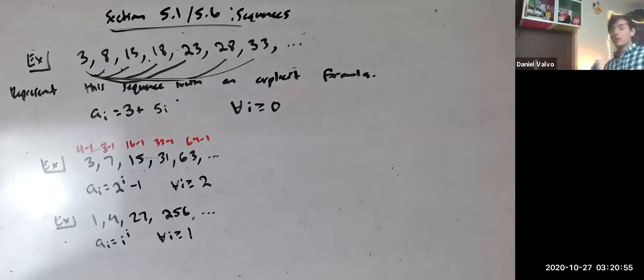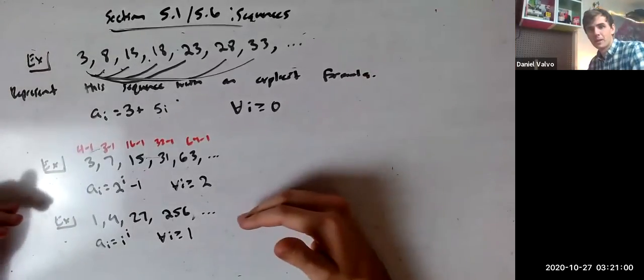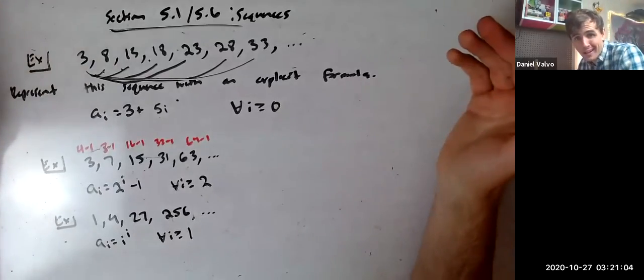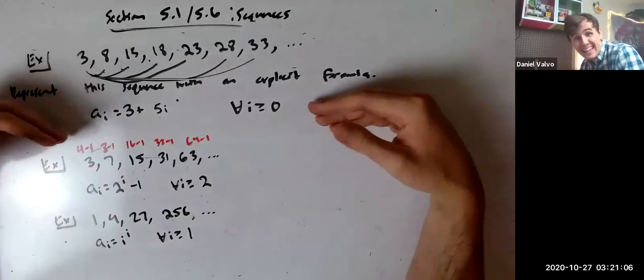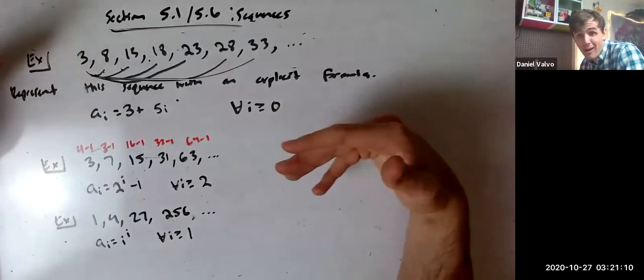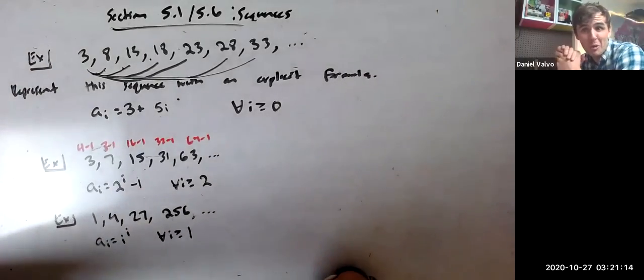So here's how you go from written sequences to explicit forms. It's harder. Explicit forms are written sequences, plug in, you're done. But this, you're trying to find the thing that you can plug into to get to the written sequence. So it's a lot harder. It takes more creativity and more thinking, but it's also more rewarding.